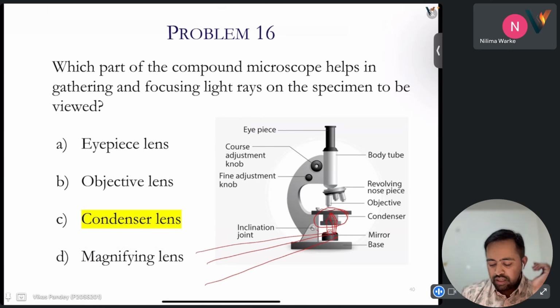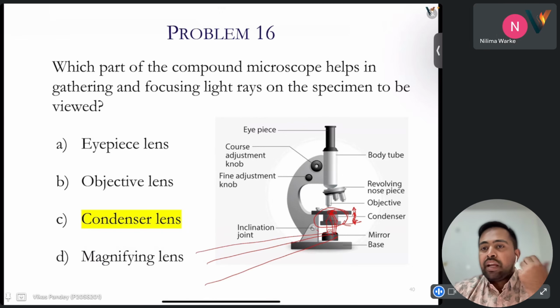It is a lens that concentrates the light to one place, and it will have a focal length slightly bigger than this, because we don't want a very pinpointed spot. We want it a bit bigger so that we can see it, right? So the focal point will be a bit more than this. That is the condenser lens.